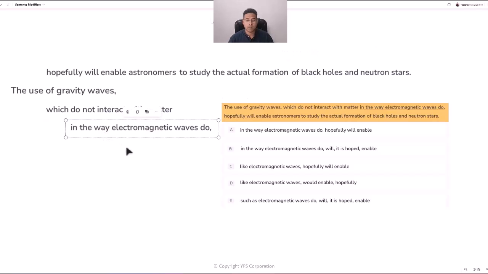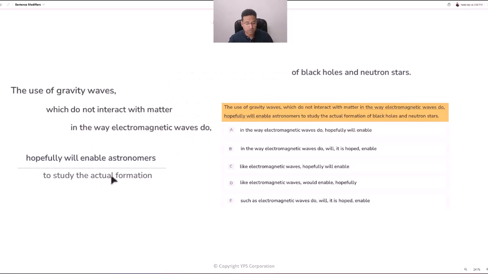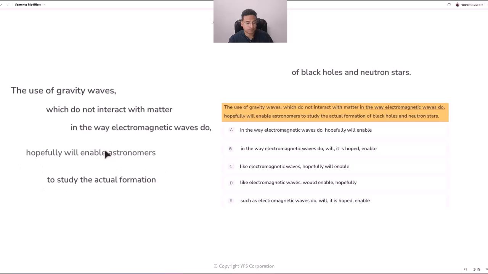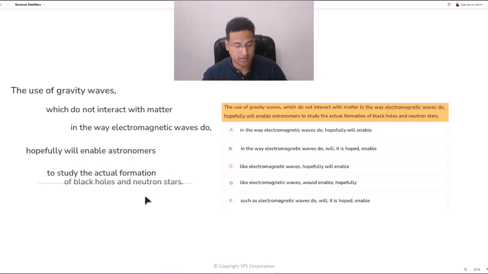Interesting. So this is the end of that modifier of gravity waves. Hopefully will enable astronomers to study the actual formation of black holes and neutron stars.